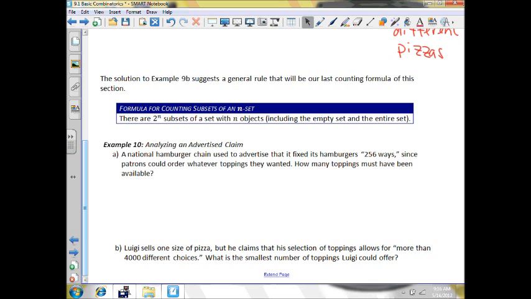So really what we're going to do then, we're going to have 2 to the n power is equal to 256. Now to solve this, we're going to take the log of both sides. We're going to use a property of logarithms to bring this down.